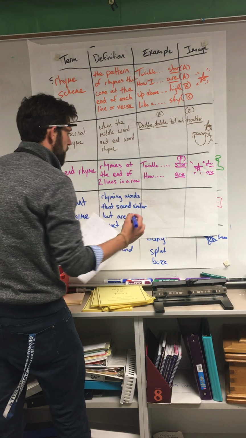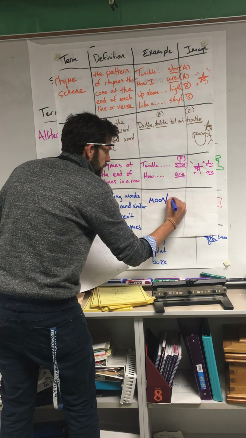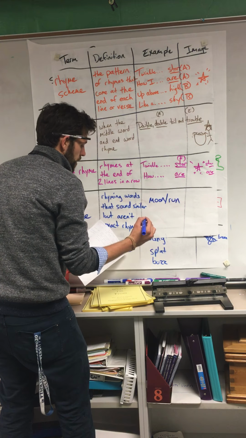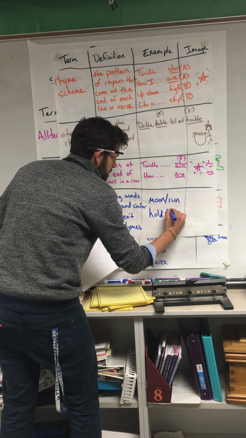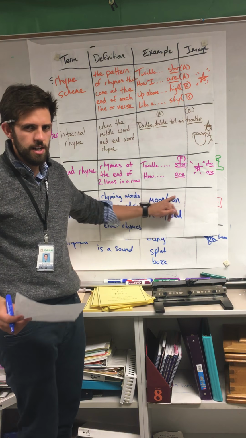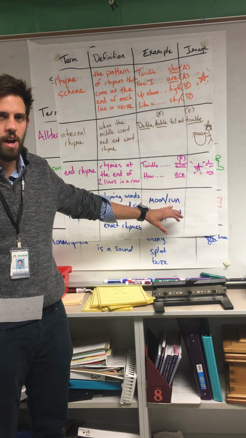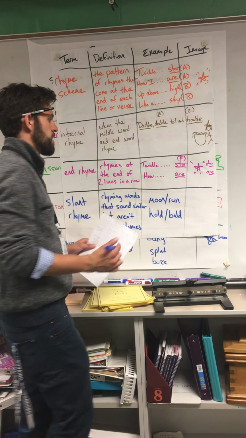An example of that would be the words moon and run, or the words hold and bald. So they have a lot of similarities, ending sounds, moon, run, bald, and hold, but they're not perfect rhymes.